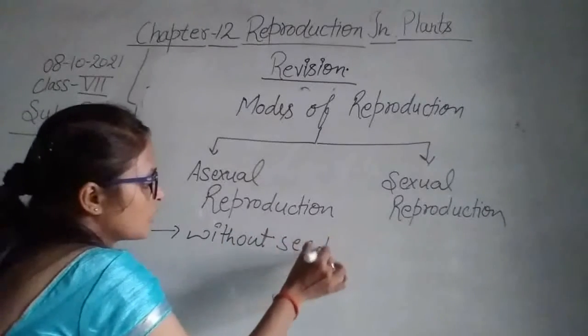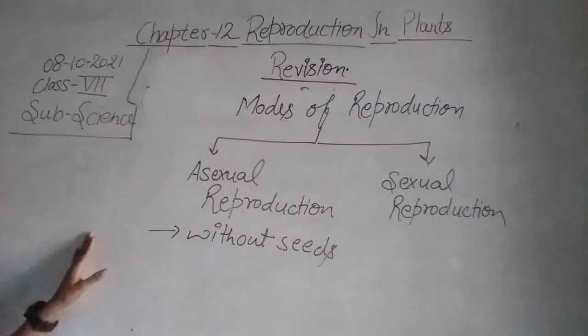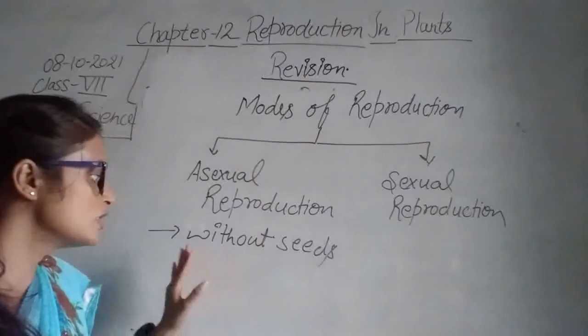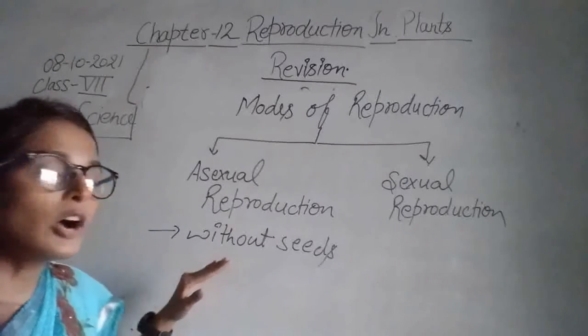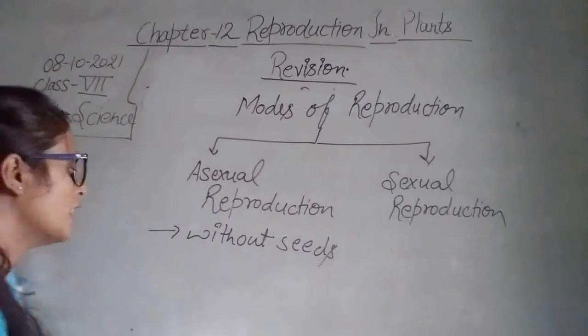Means asexual रिप्रोडक्शन में जो प्लांट्स का ओरिजिनेशन होता है वो विदाउट सीड्स होता है, उसमें सीड की नीड नहीं होती.